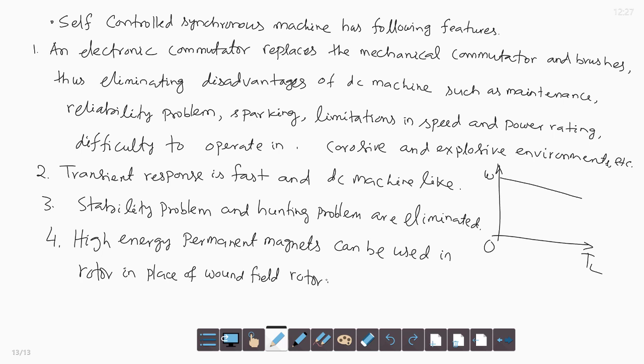These are some of the advantages, and that is why it is compared with the DC motor drive. So, it is called a brushless DC motor drive.